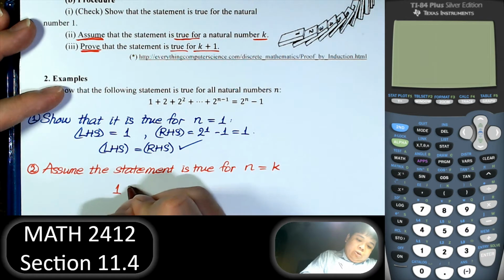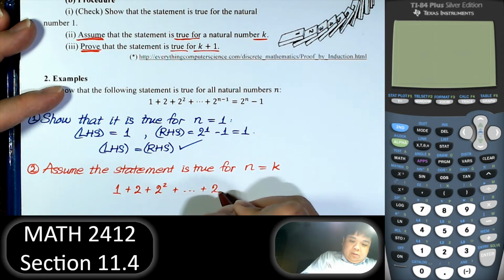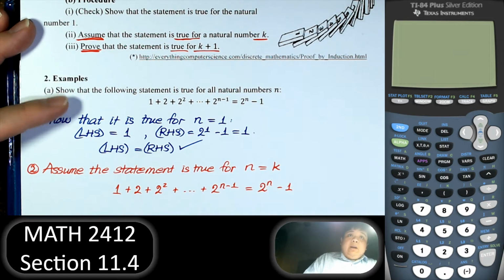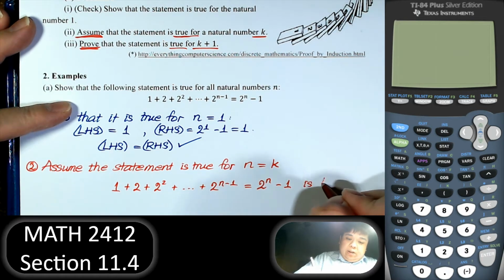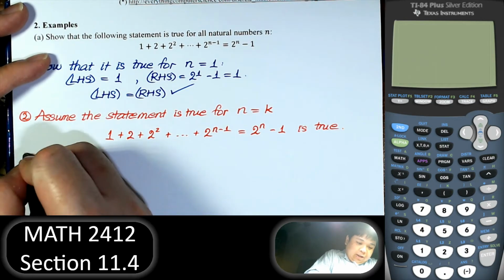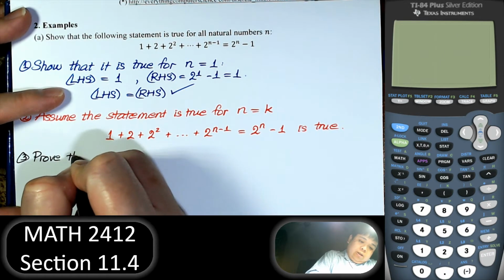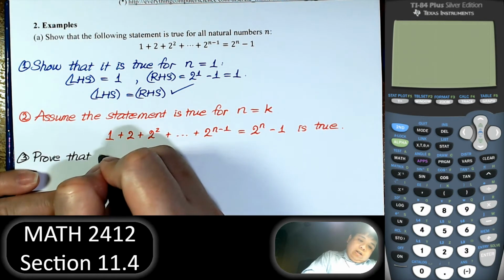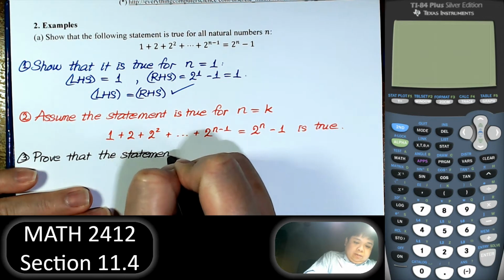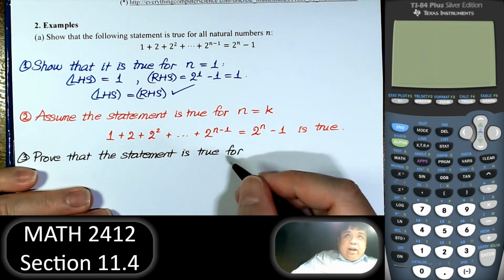We know that this is true, and we assume that this is true. The next step is the proof. The statement is true for n equal to k plus 1.